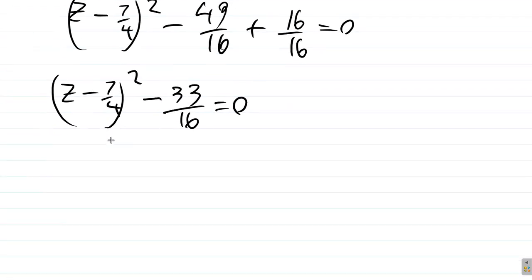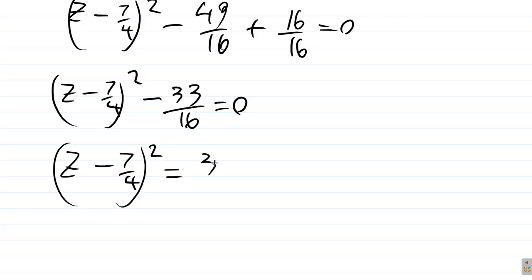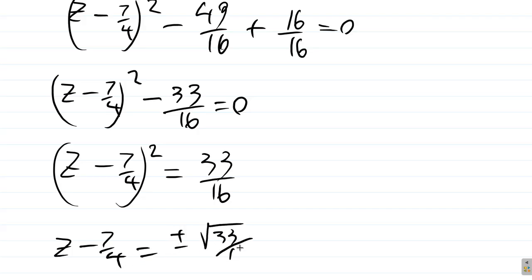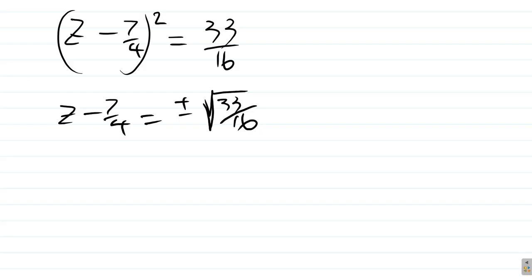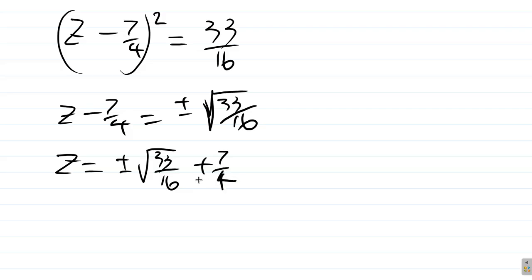So here now, z minus 7 over 4 all squared equals 33 over 16. Square root both sides. You have z minus 7 over 4 equal positive and negative square root of 33 over 16. So z equals positive and negative square root of 33 over 16 plus 7 over 4.